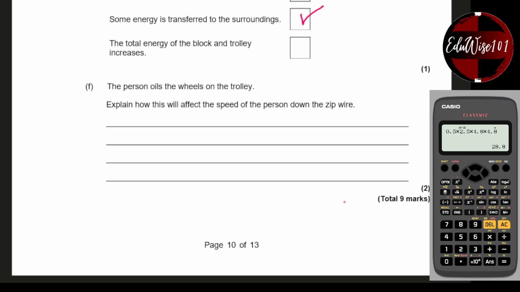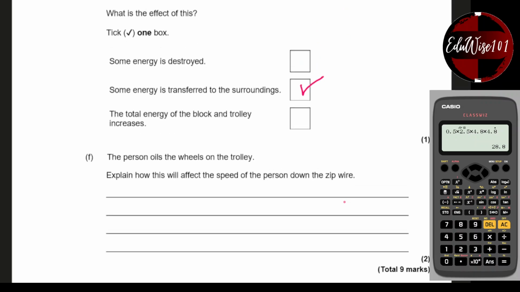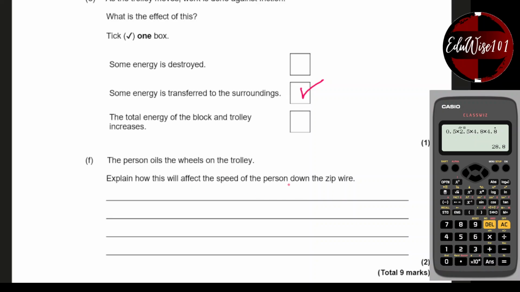The person oils the wheels of the trolley. Explain how this will affect the speed of the person down. Speed will, if you oil it, that means there's less friction. Speed will increase. For 2 marks, you have to give a reason.